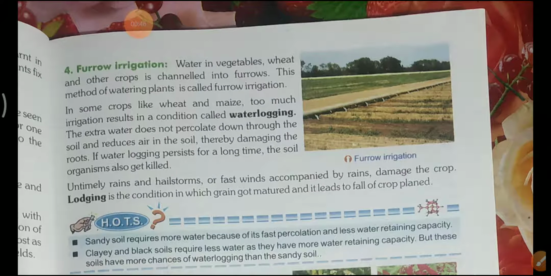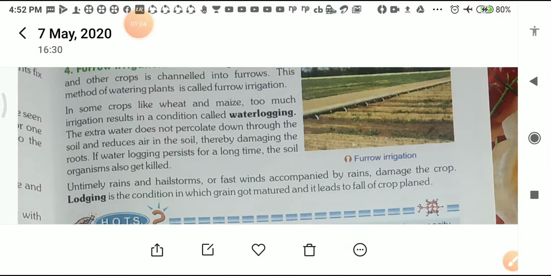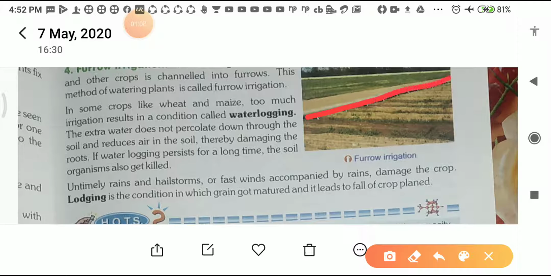So, what is furrow irrigation? Furrow irrigation means when water is supplied to all the parts of the crop through a channel. In the channel, holes are there. See here, this one is a pipe, and here holes are given. With the help of these holes, water is easily supplied to the crop.